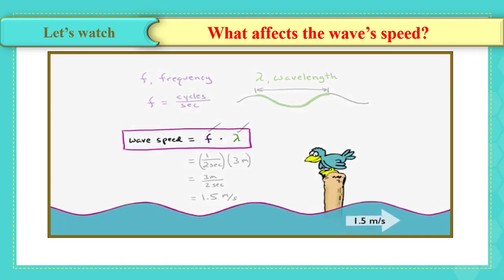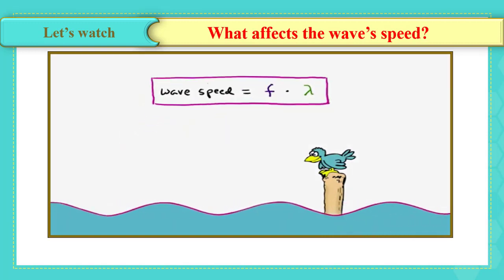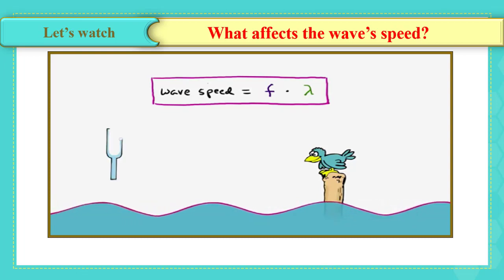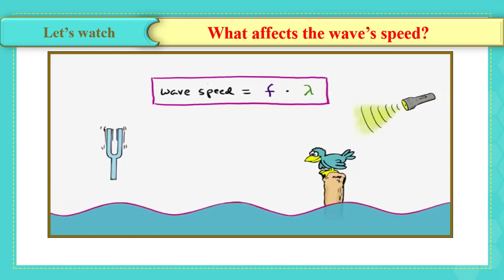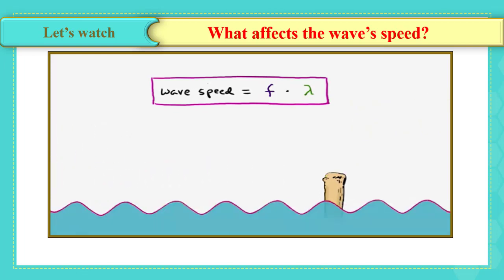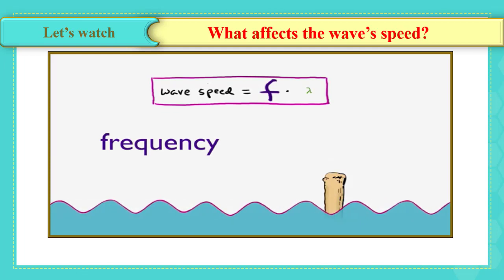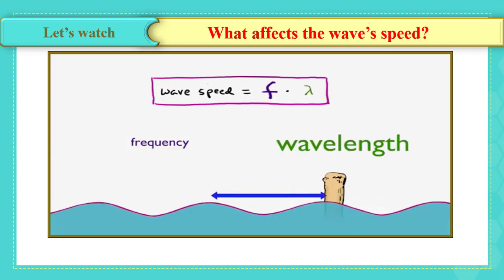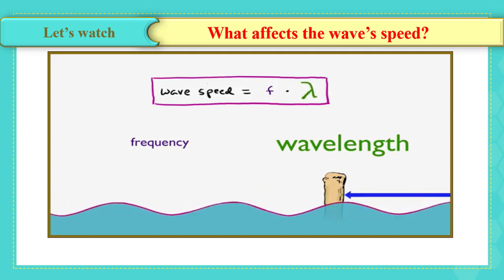This relationship of frequency times wavelength equals wave speed holds true for all kinds of waves: water waves, sound waves, light waves, you name it. What's fascinating is that if you have a higher frequency, that necessarily means a shorter wavelength, and a lower frequency necessarily means a longer wavelength.